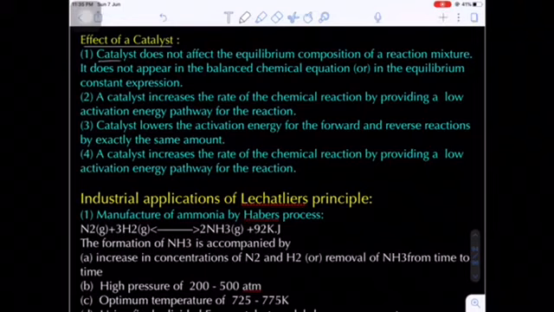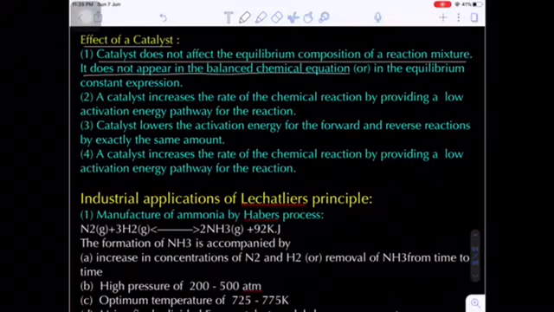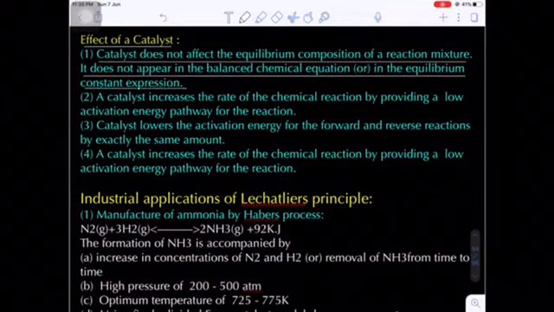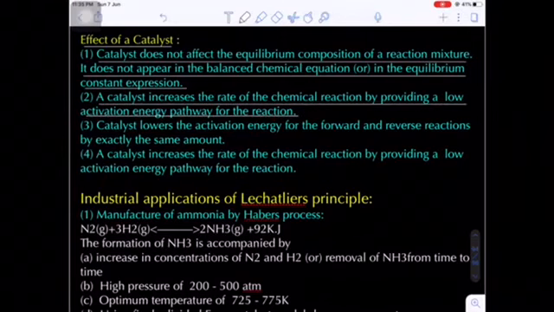Okay. Now, catalyst does not affect the equilibrium composition of the reaction mixture. It does not appear in the balanced chemical equation or in the equilibrium constant expression. A catalyst increases the rate of chemical reaction by providing a lower activation energy path for the reaction. Just now I told you, if the activation energy decreases, the rate of reaction increases. The activation energy Ea and rate of reaction are inversely proportional.